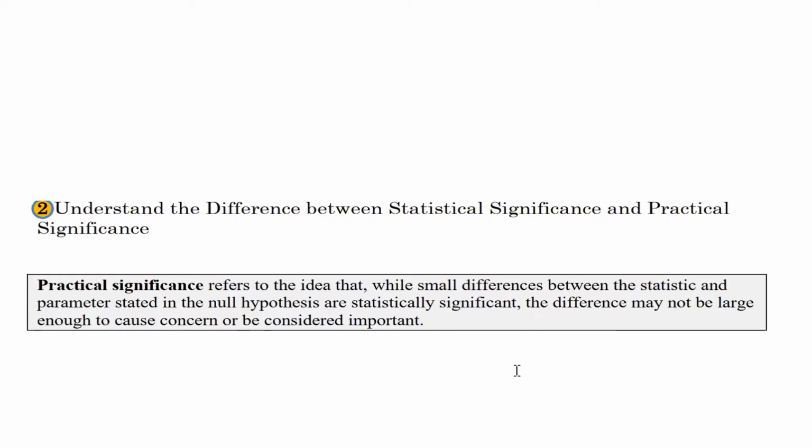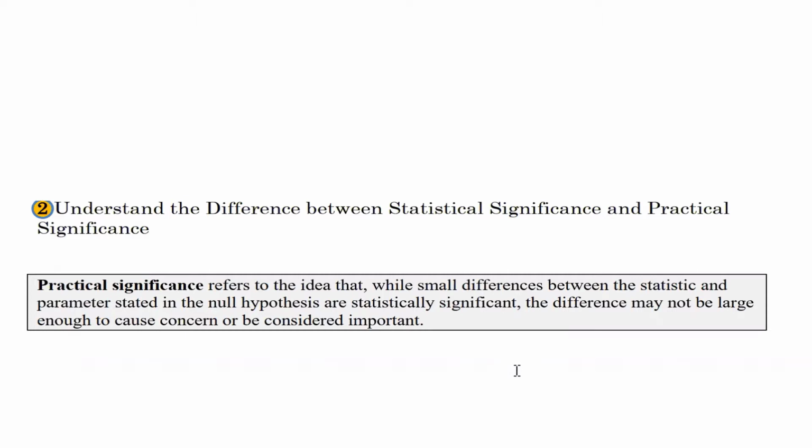Practical significance, on the other hand, refers to the idea that while you have small differences between the statistic and the parameter stated in the null that are statistically significant, even though you have statistically significant results, the difference may not be large enough to cause concern or be considered important.